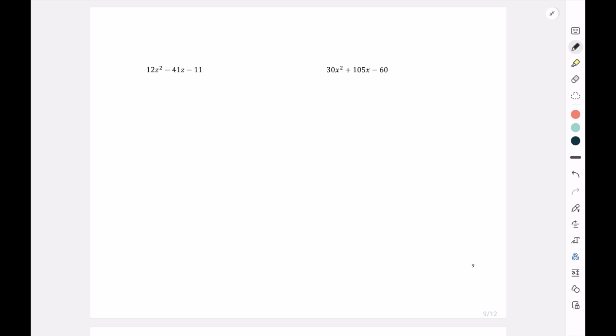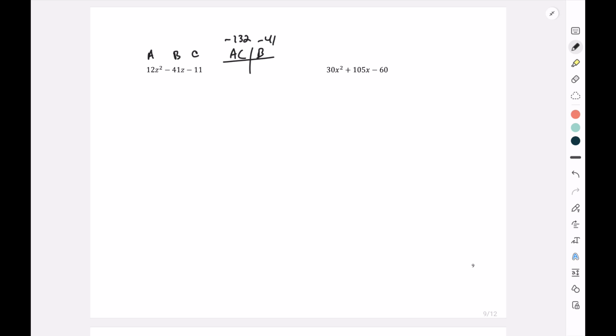Next, we're looking at 12z squared minus 41z minus 11. This one we can't factor out anything from, so we take our a being 12, our b being negative 41, and our c being negative 11. We can see that a times c would equal negative 132, and b is negative 41.